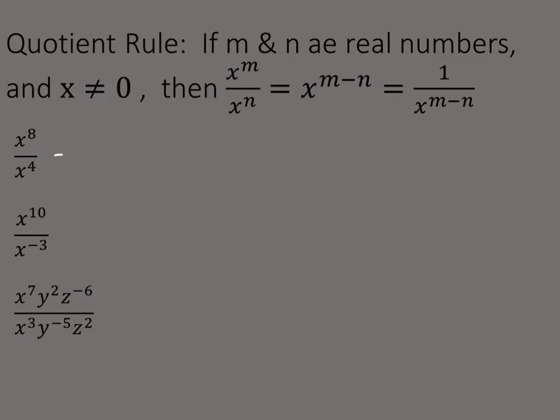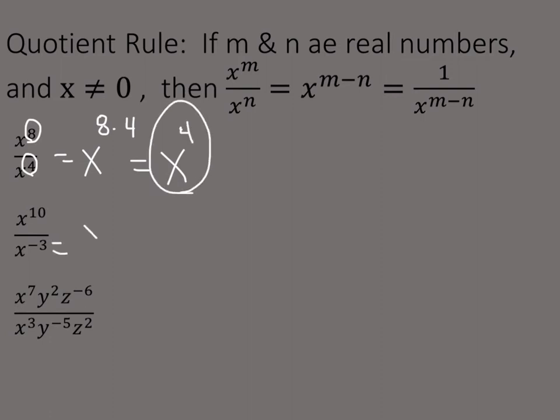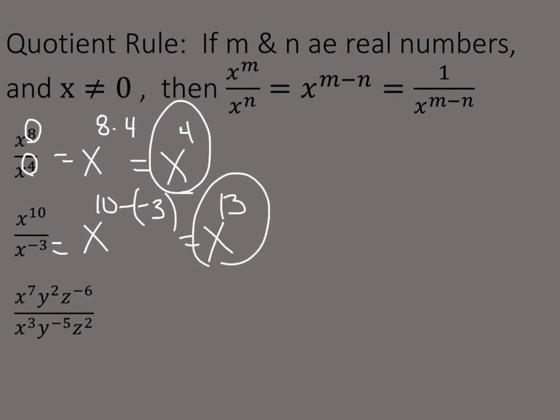So what this tells me is, since I have the same base, when I'm dividing them, I can go 8 minus 4, the numerator minus the denominator, which makes it x to the fourth power. Here I can make this equal to x to the 10 minus negative 3, which makes it x to the 13th power.